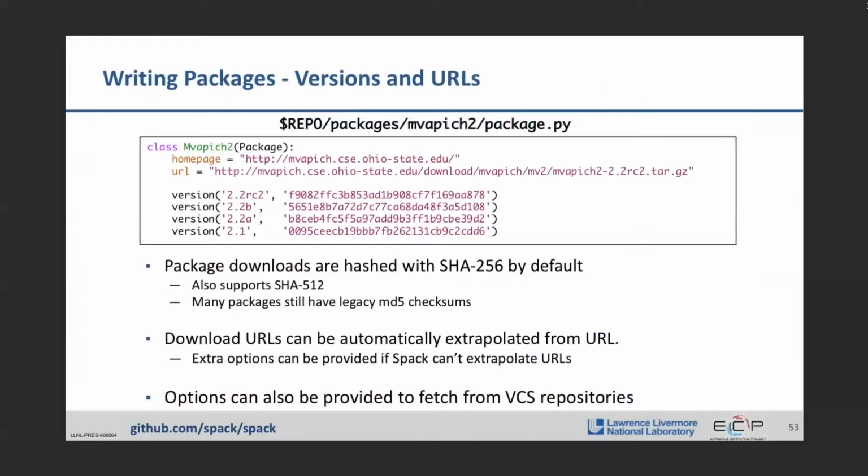When that doesn't work, there are ways to override it. I mentioned the checksums, SHA-256, and you can fetch from different sorts of version control instead of a URL also. Instead of url=, you can have git=, hg=, whatever you need to get that package.